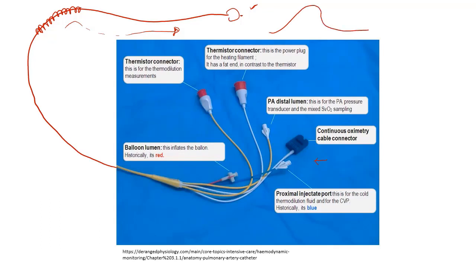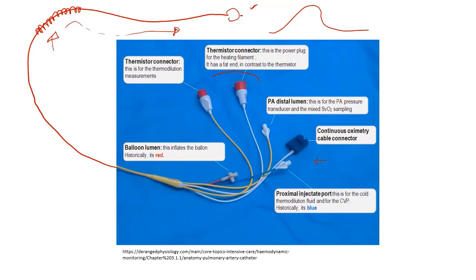But what's nice about this one is that the nurse or physician or whomever never has to inject cold saline in order to get the measurement. It's every so often automatically heating up that coil so you can get a continuous cardiac output measurement.